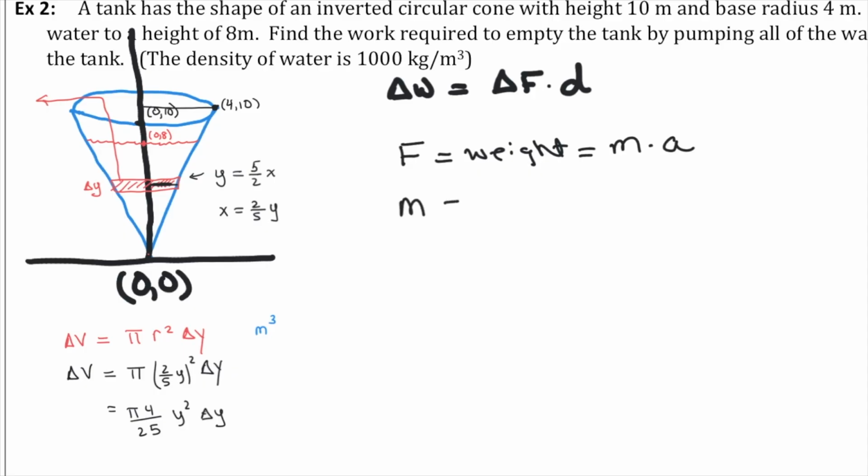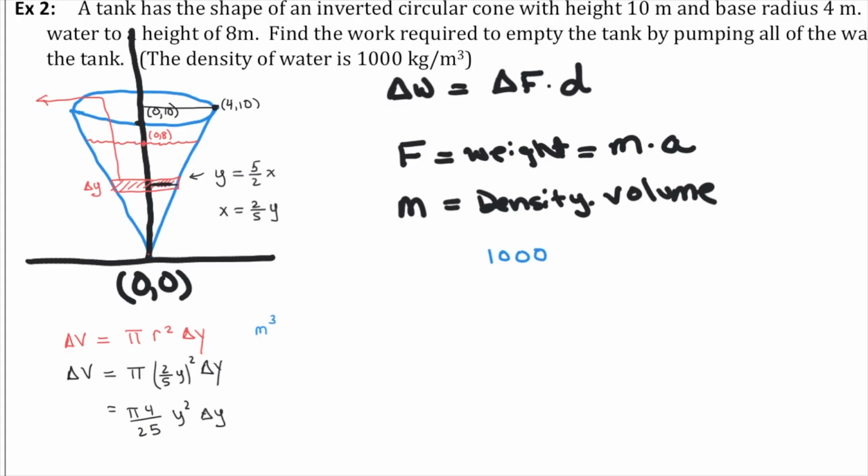But mass is equal to density times volume. Well, there's our volume. So the density of water is 1,000 kilograms per meter cubed, multiplied by the volume that we came up with for our slice. And the slice, once again, was 4 over 25 pi y squared delta y.